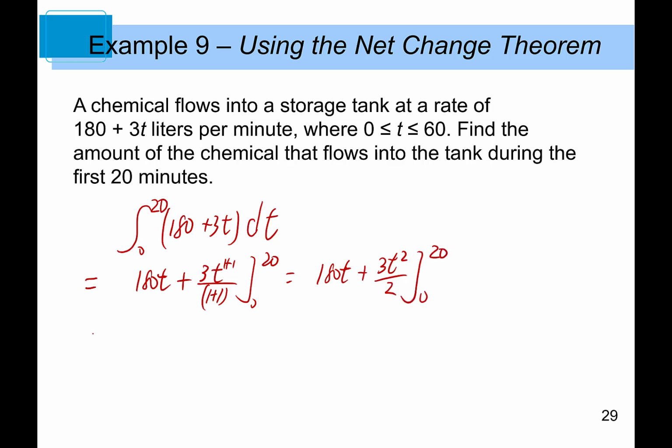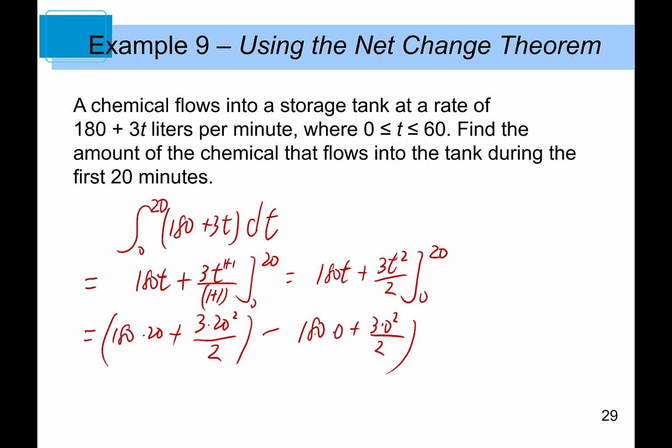Now plugging in 20 first, we get 180 times 20 plus 3 times 20 squared over 2, minus, plugging in 0, 180 times 0 plus 3 times 0 squared over 2, so they both become 0.